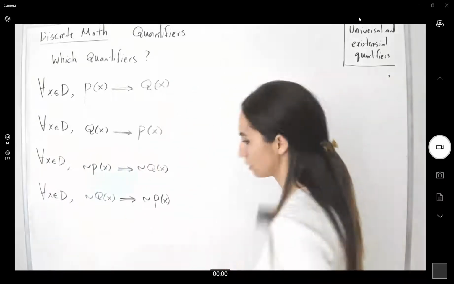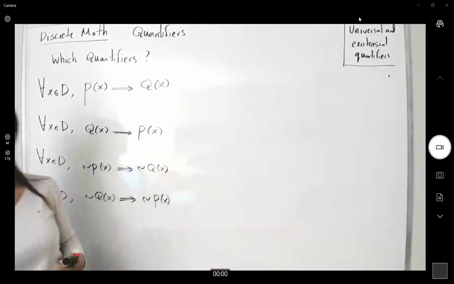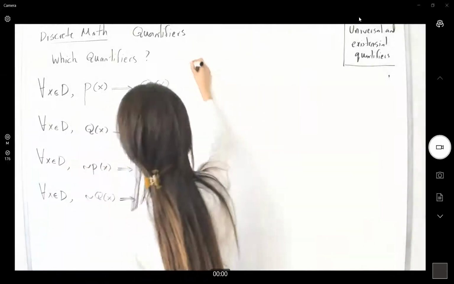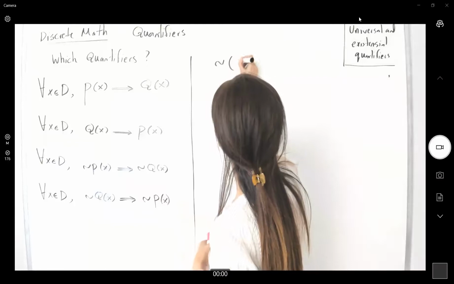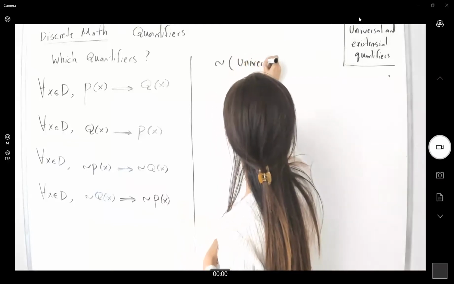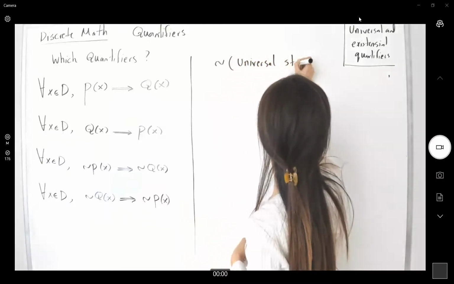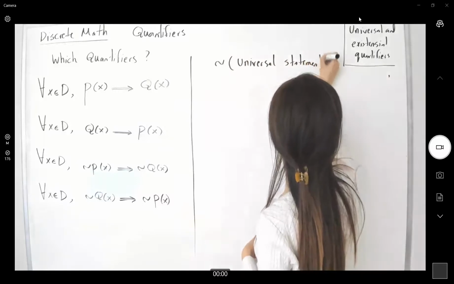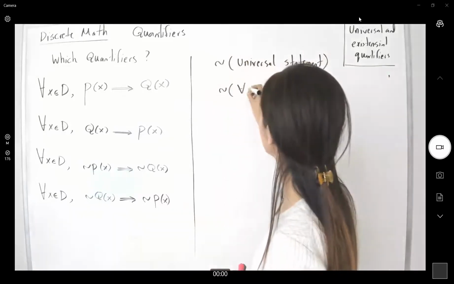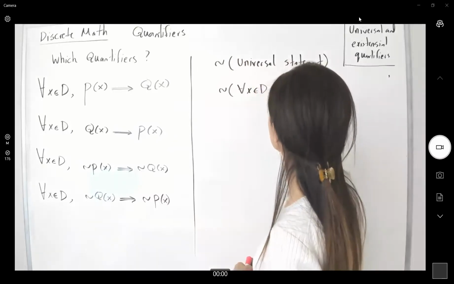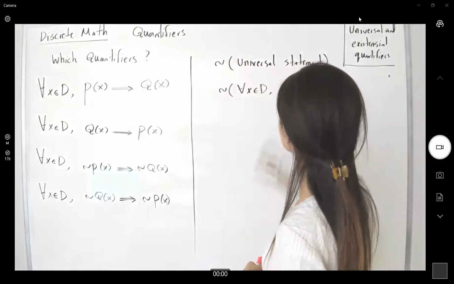Okay, now another question that I expect you to ask is this. What is the negation of a universal statement? What is the negation of for any x in the domain, you have p(x)?